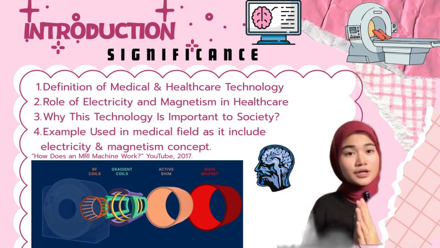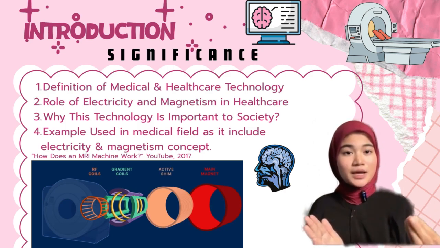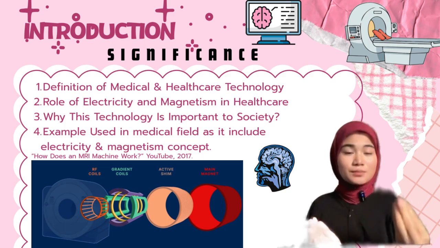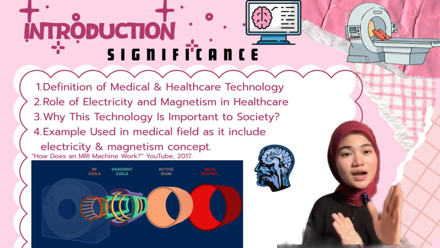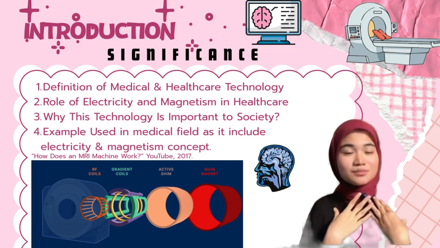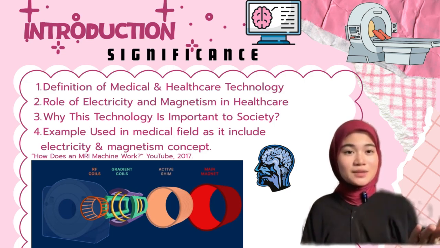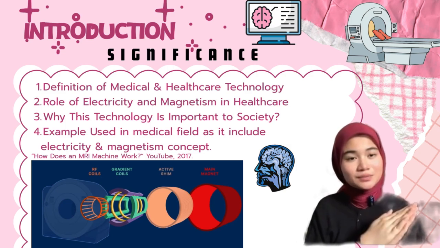But an example of medical and healthcare technology that applies electricity and magnetism is the MRI machine. An MRI machine can produce a high resolution 3D image of our internal body system, so the doctor can make a diagnosis without cutting them open. Second is the role of electricity and magnetism in healthcare.